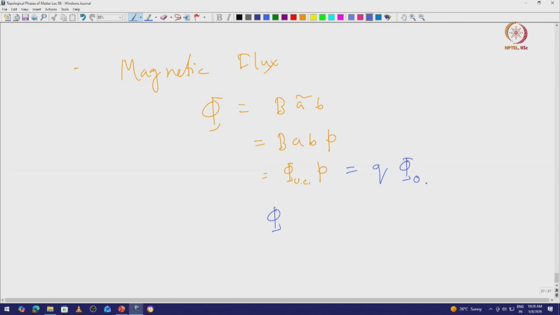So, the flux per unit cell, which we will just call phi, then is equal to q by p phi 0.